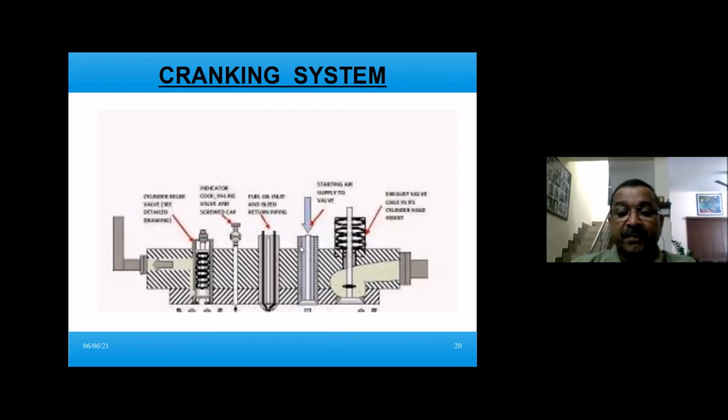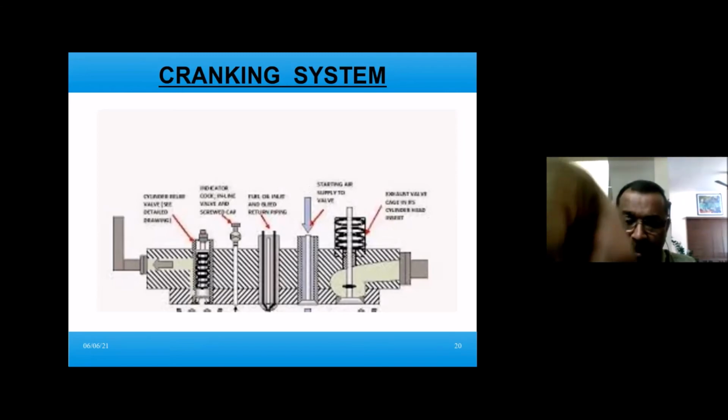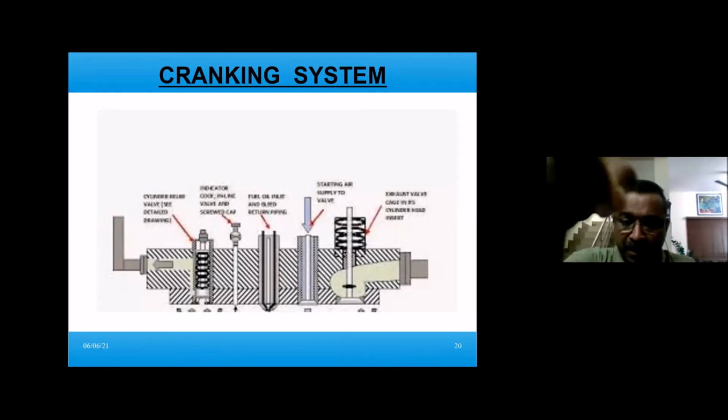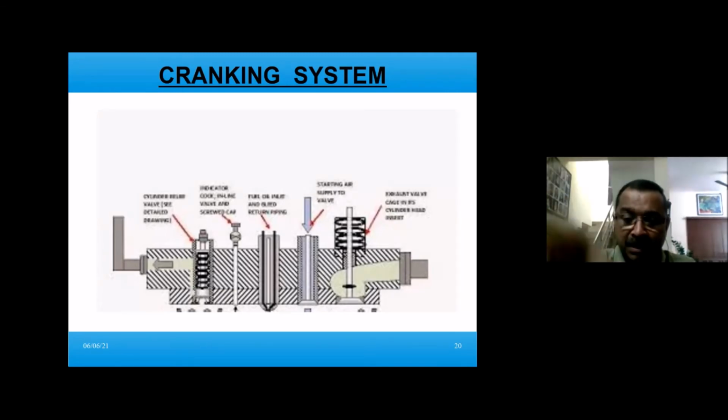A control system will look at the cylinders and decide which cylinders are to be starting the third or power stroke.